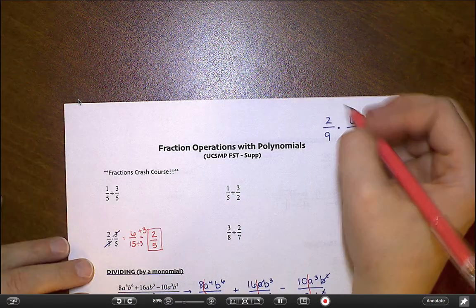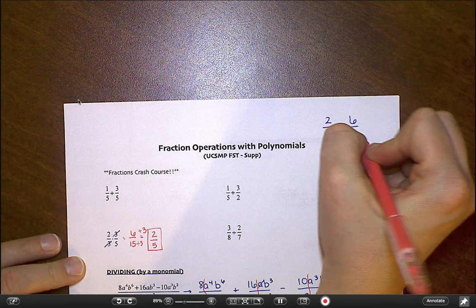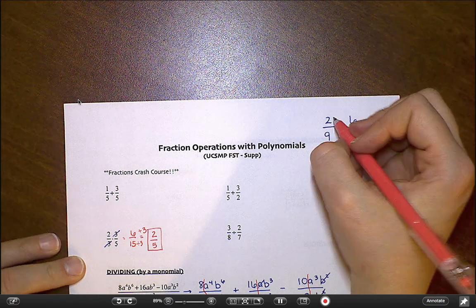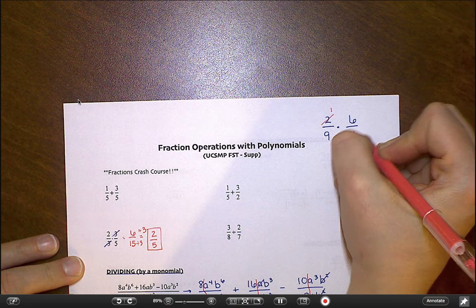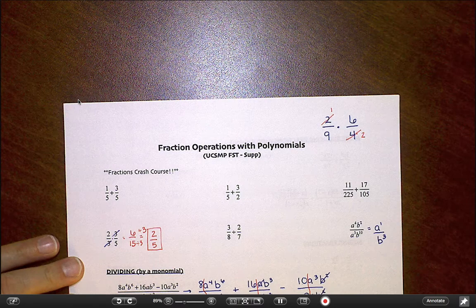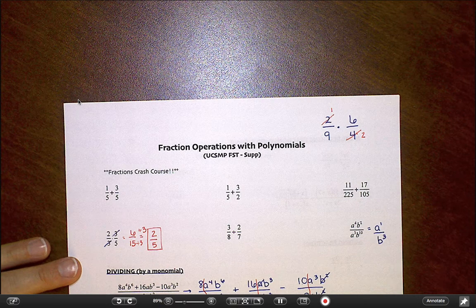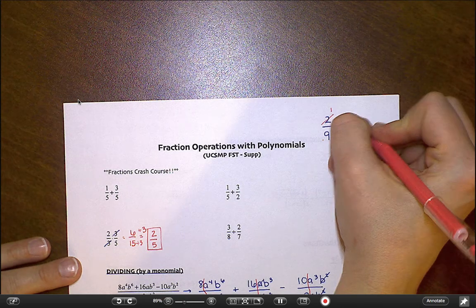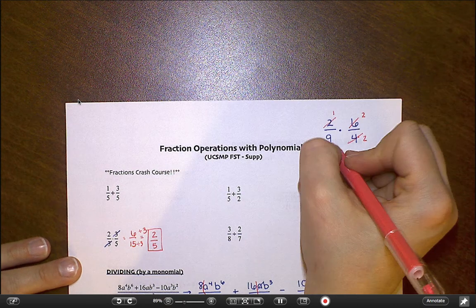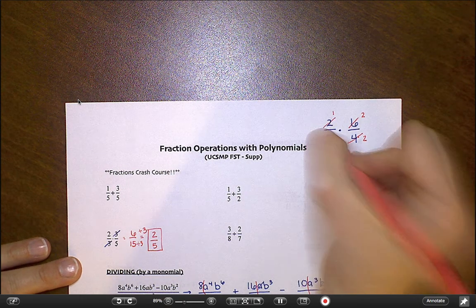So, for example, 2 and 4 can both be divided by 2. So I can do that. I'm going to divide this by 2 and make it a 1. I'm going to divide 4 by 2 and make it a 2. Okay. 6 and 9 can both be divided by 3. So 6 divided by 3 gives me 2. And 9 divided by 3 gives me 3.